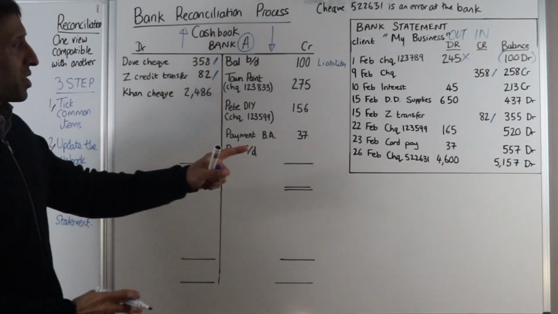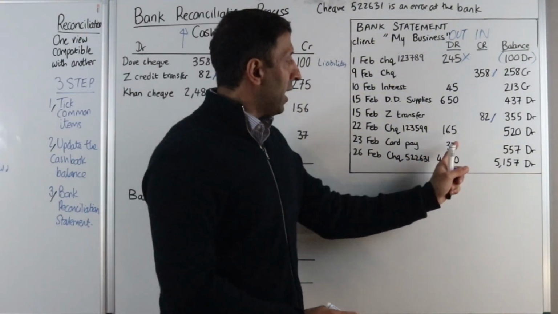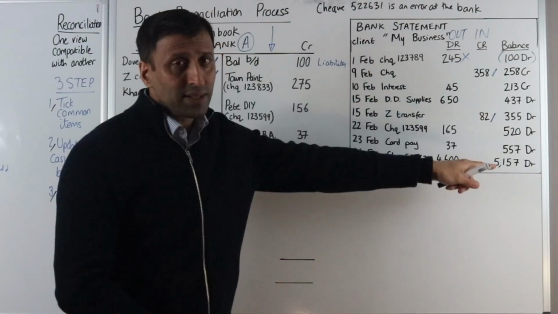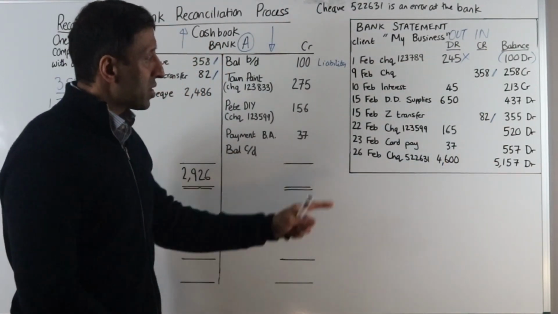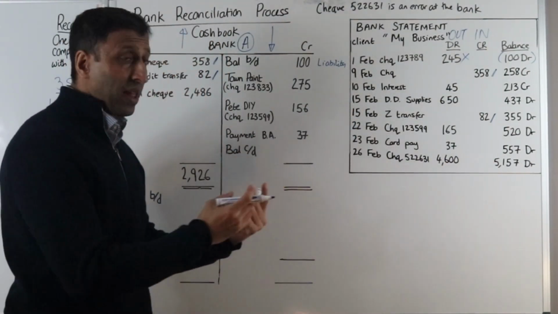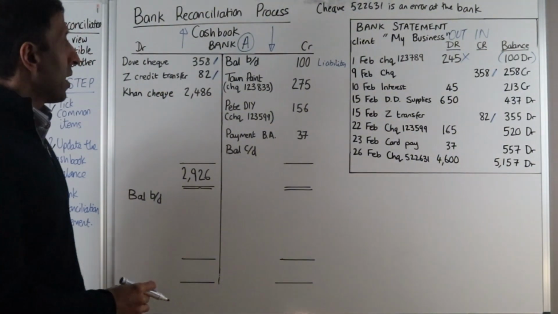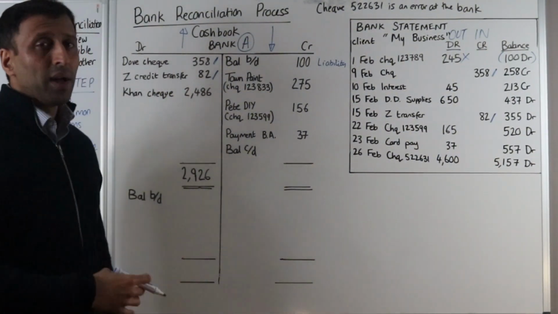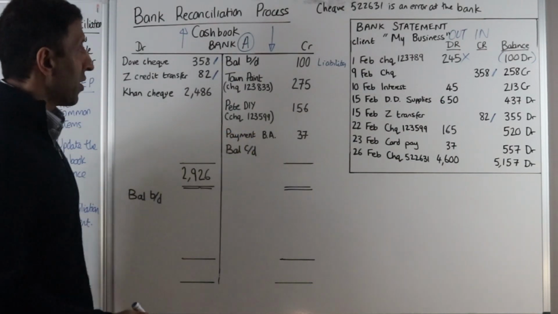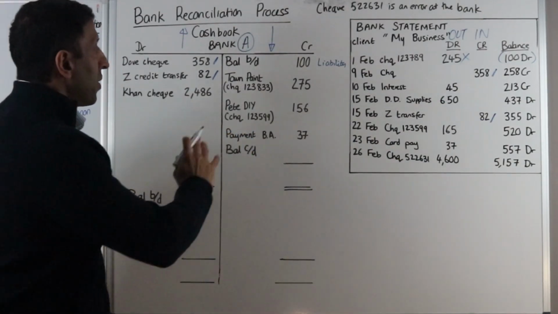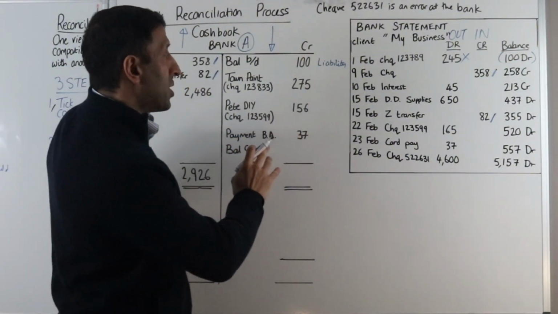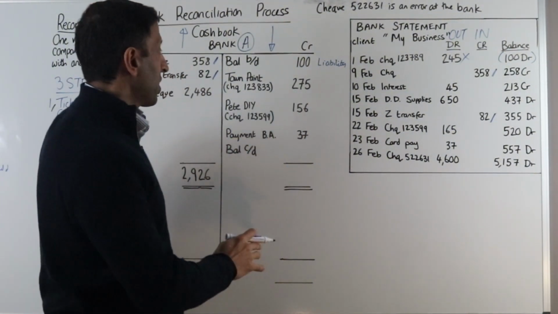Now, remember, we're ticking the amounts coming in and out of the business, and as we are here, we don't then need to look at the balance figure at the end. We can ignore that. We're just looking at monies coming in and out and seeing if they match with what we said. Then we have this 2486 coming into our business according to our cash book, but I can't see that over there, so I'm going to leave it unticked. We move to the other side. I have a 275, which is not in the bank statement, so I'm not going to tick that.